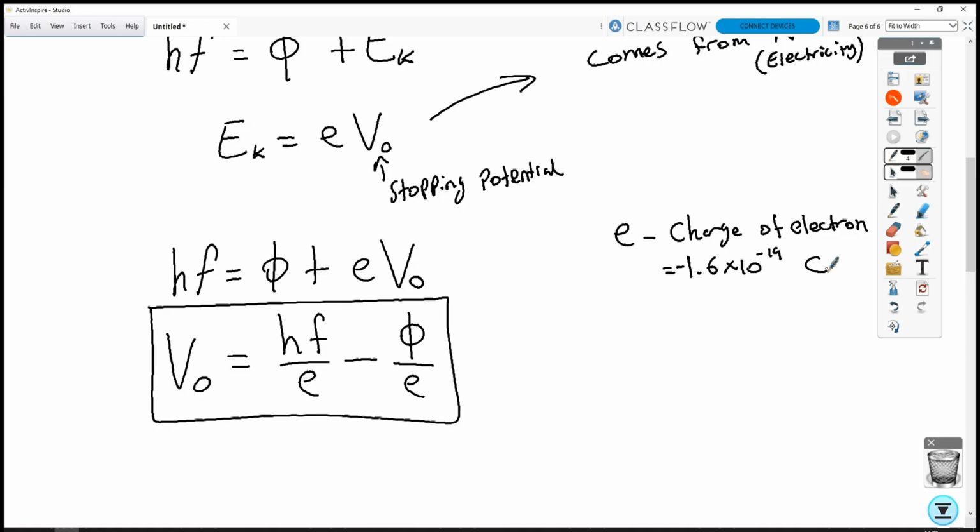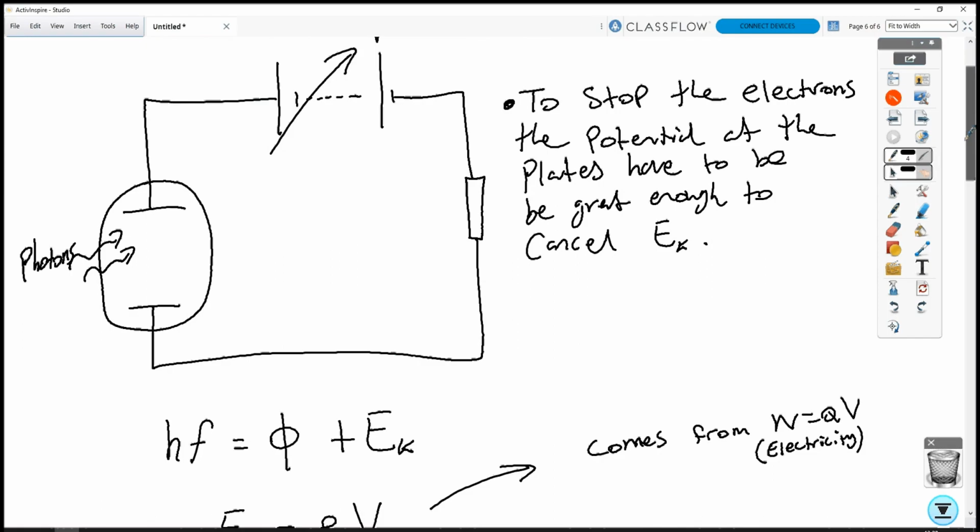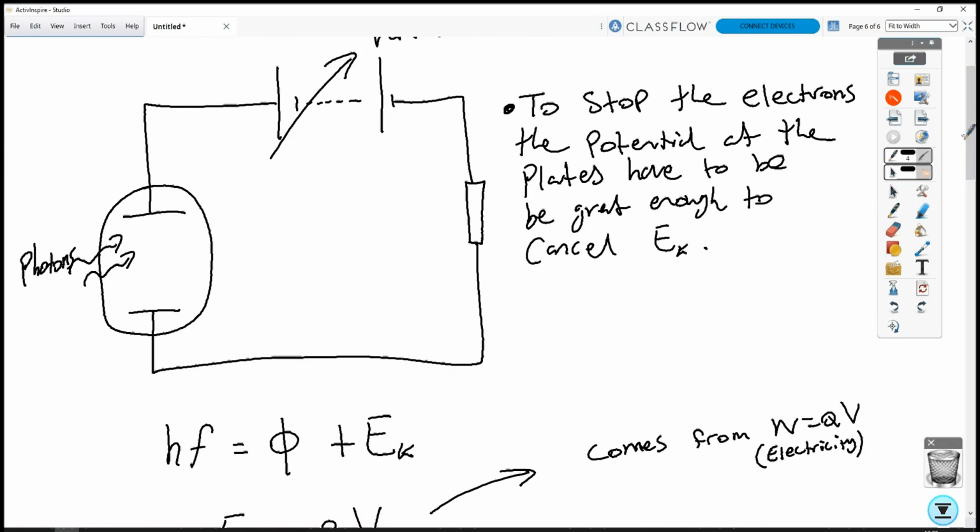Any other questions? How does voltage stop energy? Okay, so if there is a voltage, then that means there's an electric field.